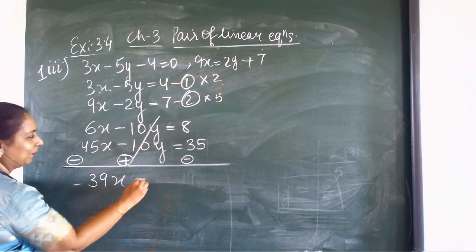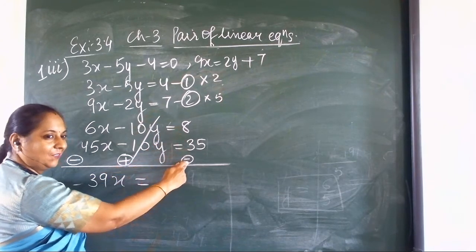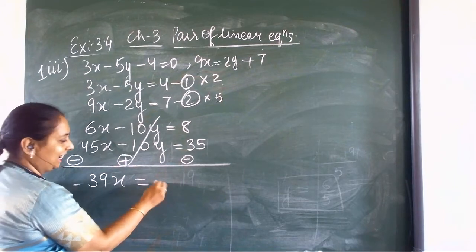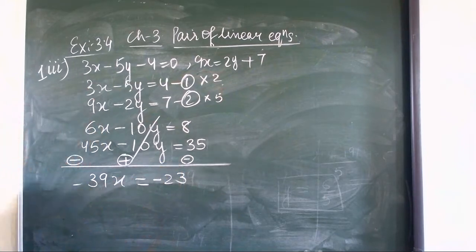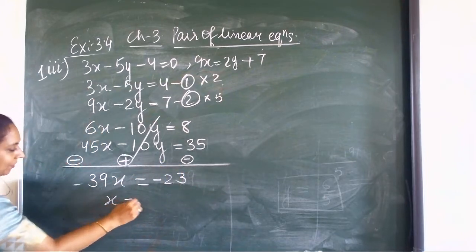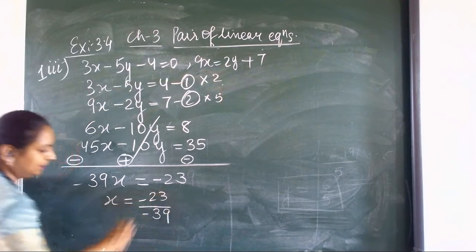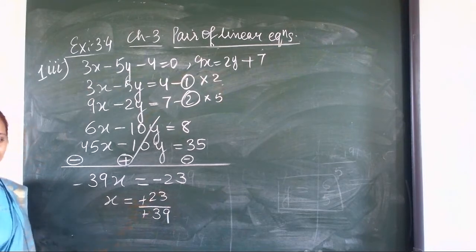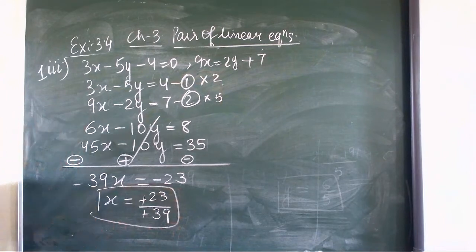x, and 8 minus 35 is minus 27. x remains as it is, equal to minus 27 upon minus 39. Now minus and minus is cancelled. 27 upon 39 is the value of x.